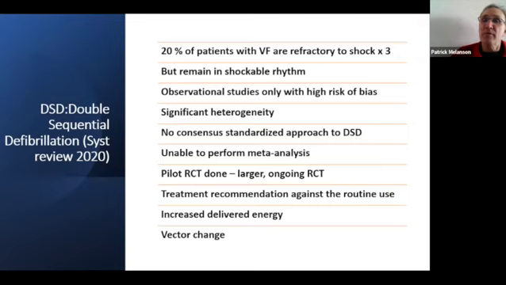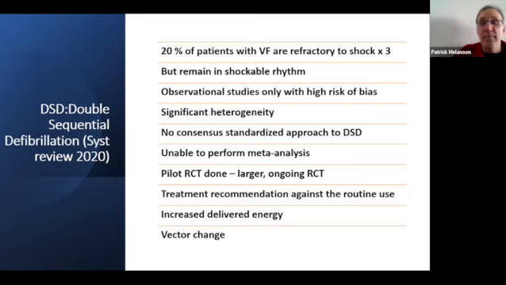So the refractory, but they're still in VFib or pulseless VTAC. They only, of course, have observational studies so far with a high risk of bias. There's significant heterogeneity amongst the studies, and there's no consensus standardized approach to double sequential defibrillation to begin with.